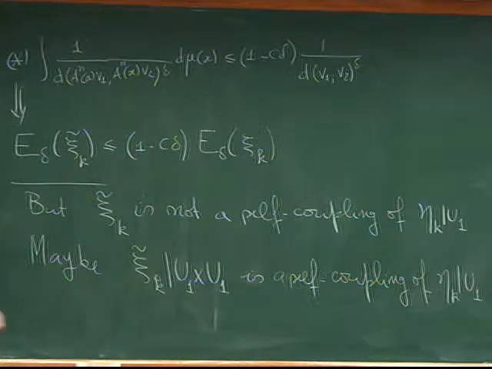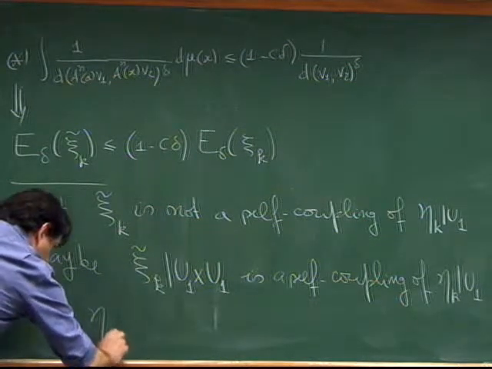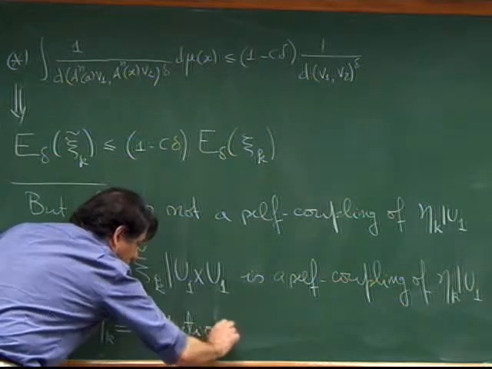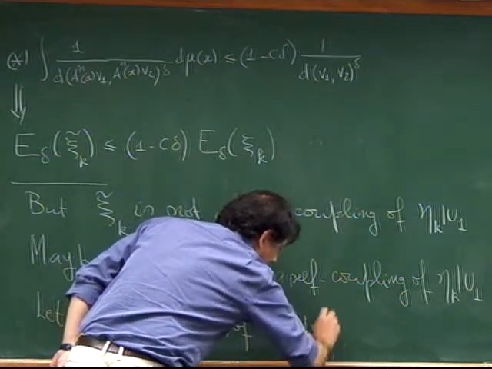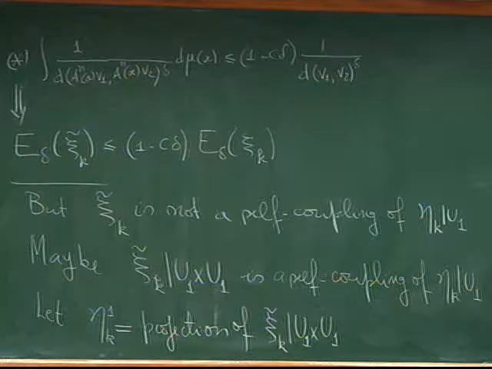That's not true. So to see if that is true, let eta k1 be the projection of ck twiddle restricted to U1 times U1. So the question is, is this projection the same thing as eta k restricted to U1?